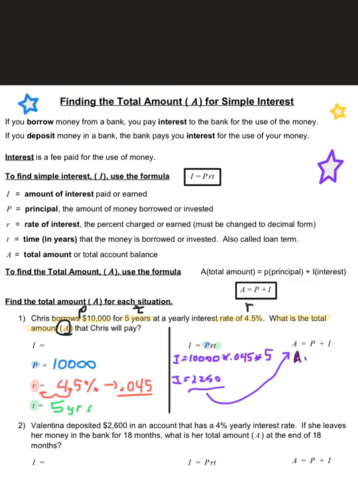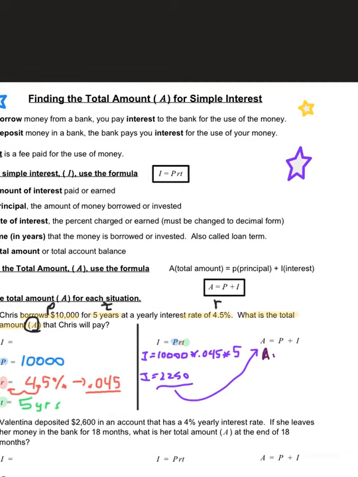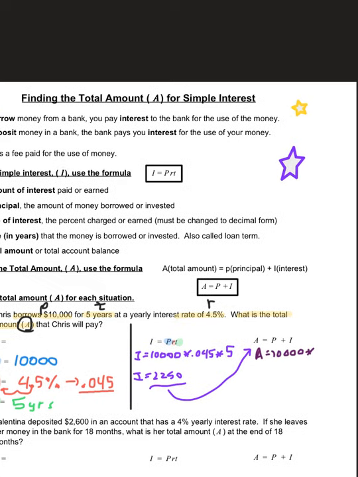The P was 10,000 plus 2,250. And when you do that, that's going to end up coming out to be $12,250. So for Chris, he borrows the $10,000, but after 5 years, he's going to have to pay back $12,250. So not just the $10,000 that he borrowed, he has to pay that extra interest.